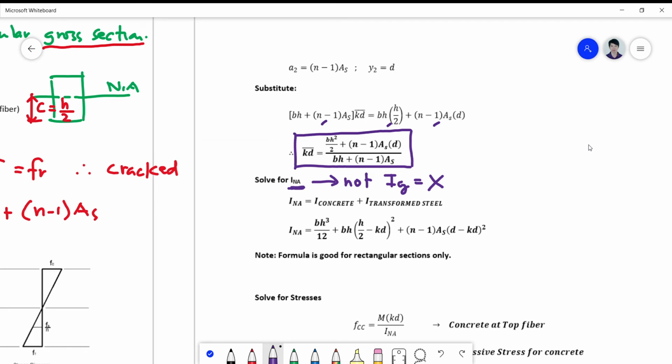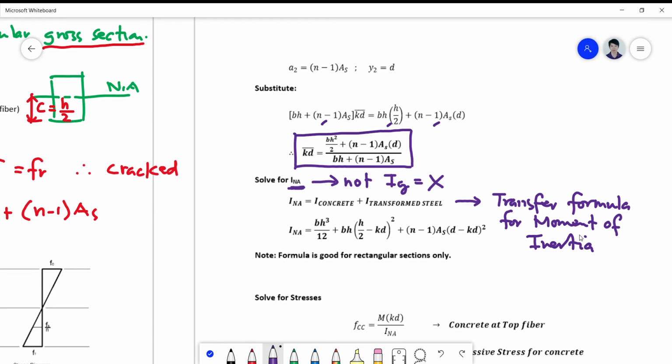And we must use the transfer formula for moment of inertia at this particular point, such that your transfer formula is simply equal to I and A is summation of IG plus AD squared, or AX. Let's choose X. Okay.